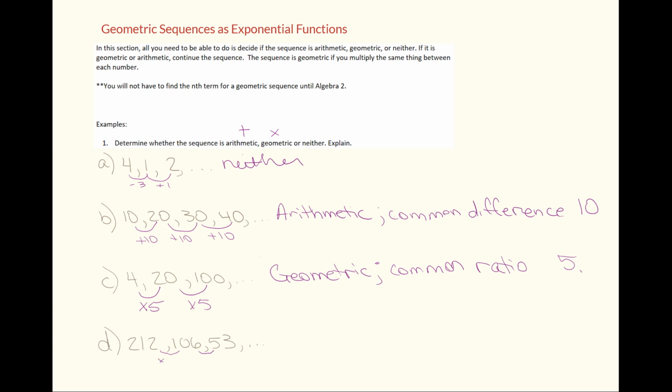I can say I'm multiplying by 1/2, because you can't say you're dividing. So 106 multiplied by 1/2 is also 53. So it's geometric. And again, the common ratio is 1/2.